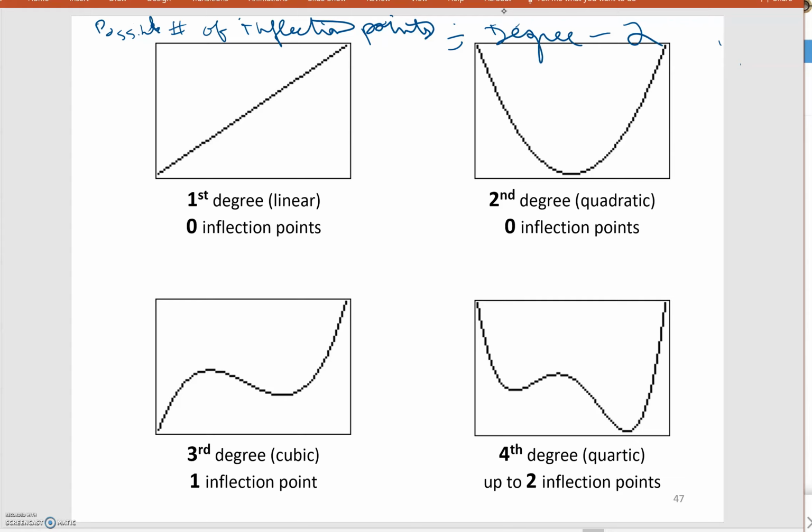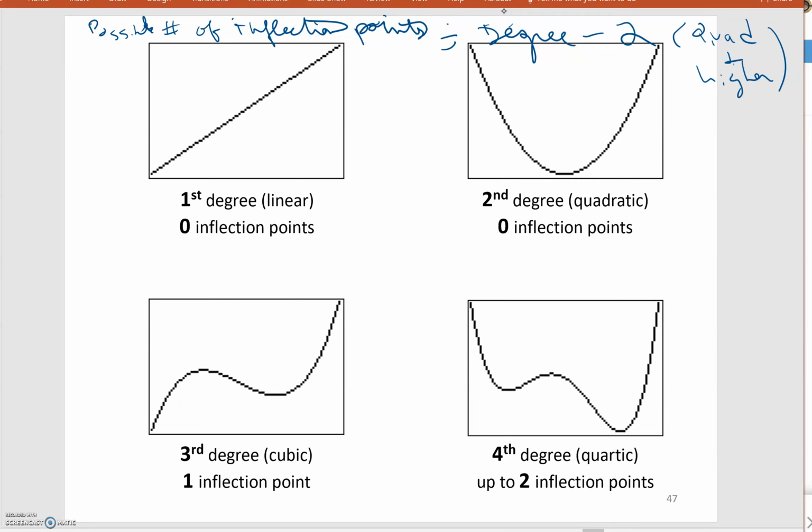Now, there's a little problem here because this doesn't work for linear. Linear have none, so this formula only works for quadratic and higher, so degree 2 and higher. So for quadratic you have 0, linear you have 0, but for a cubic you have 1. For a quartic, you have 2.